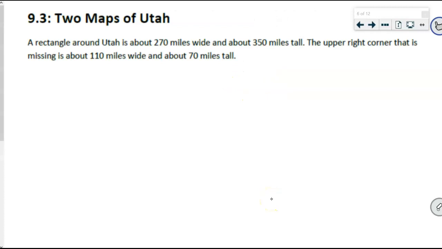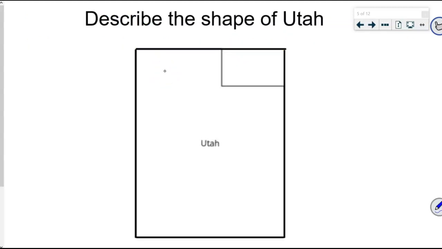So here's the measurements. A rectangle going all the way around Utah, that's that original rectangle that you guys described, is 270 miles wide and about 350 miles tall. I'm going to label that here on the screen. So 270 miles wide, and 350 miles tall.